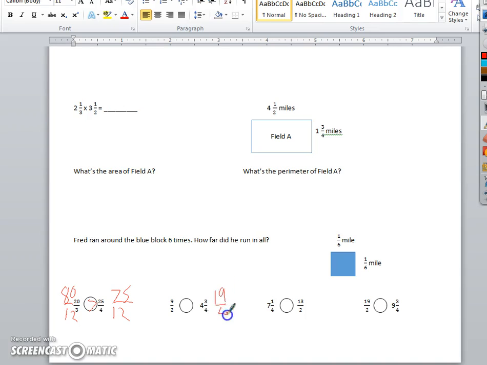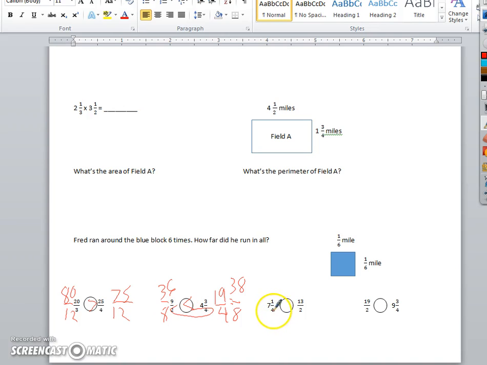So I got 19/4. Then we have 19/4 and 9/2. So I'm going to cross multiply, butterfly. So we got 4 times 2 is 8. Then we got 9 times 4 over here is 36. 2 times 19 is 38. 38/8 is bigger than 36/8.